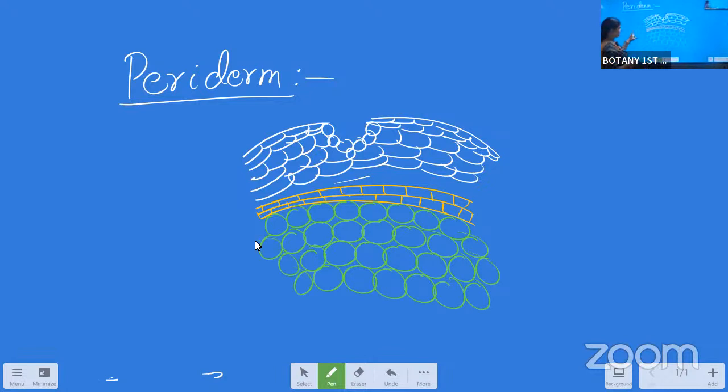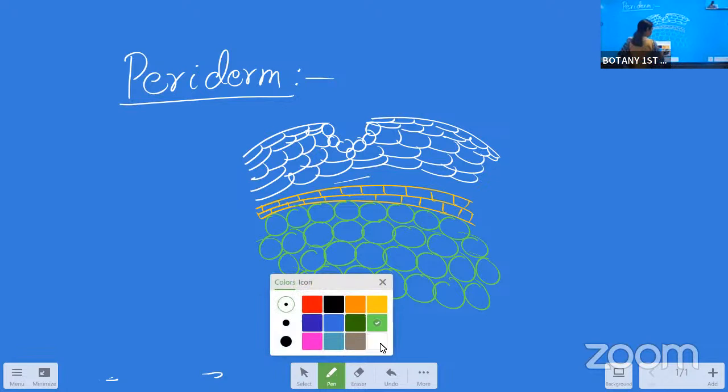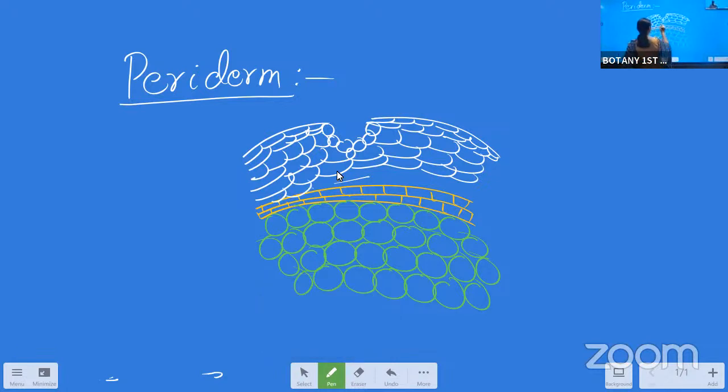Okay, like this, the cells are present, and here now we have to fill up with the other cells. And what is the labeling for this? This is the lenticel.